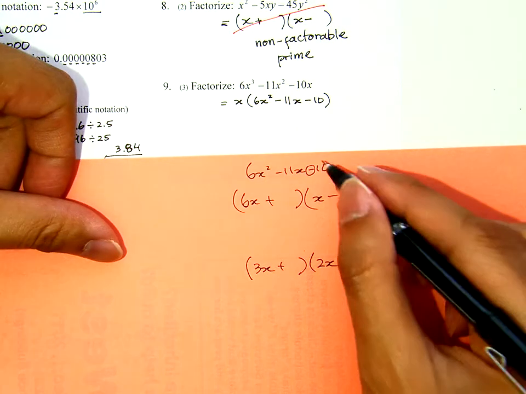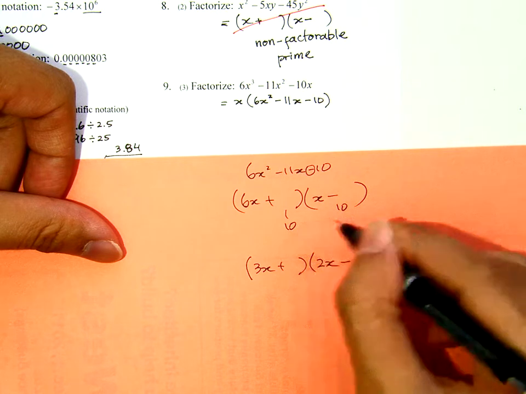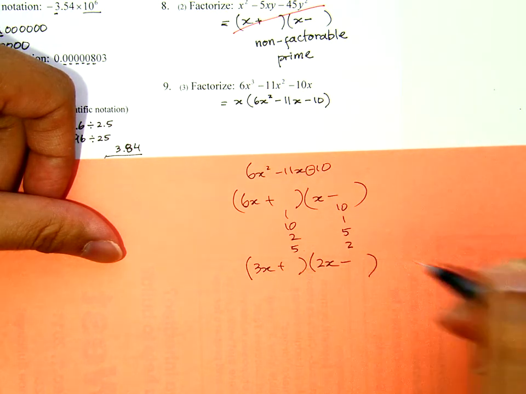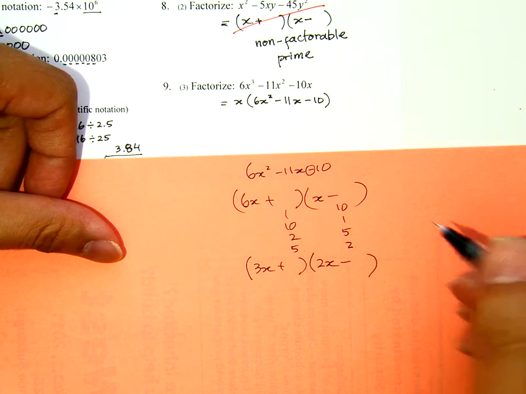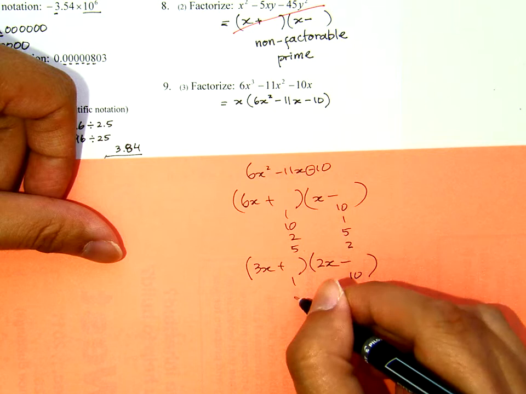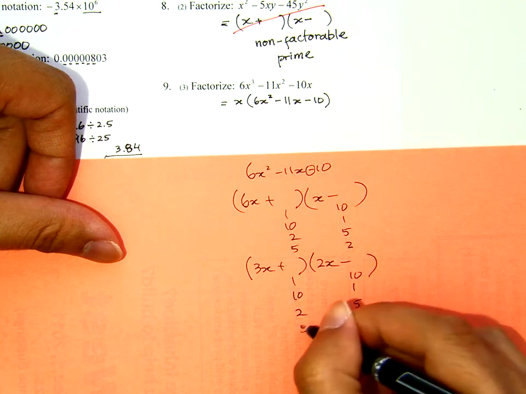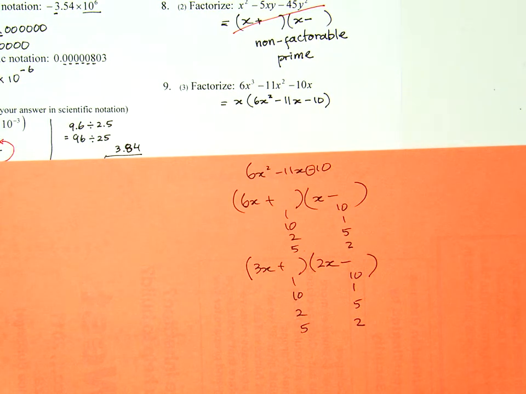And then what gives us 10 there is either 1, 10, 10, 1, 2, 5, 5, 2. Those are all the possible pairs whose product is 10. Let me copy that here also. Now, then we will go on with cancelling.